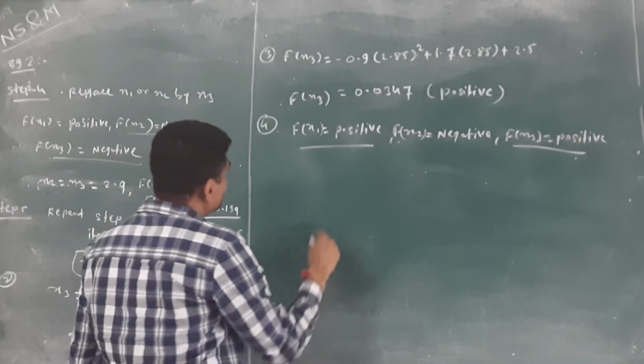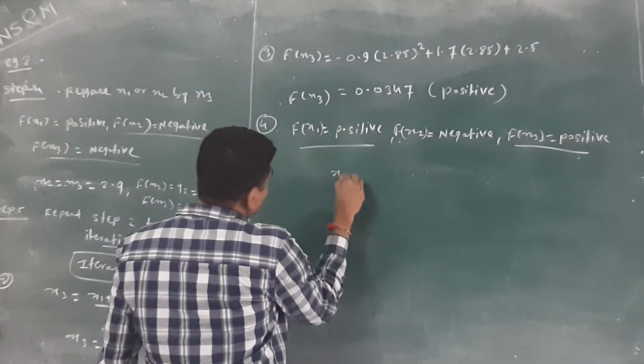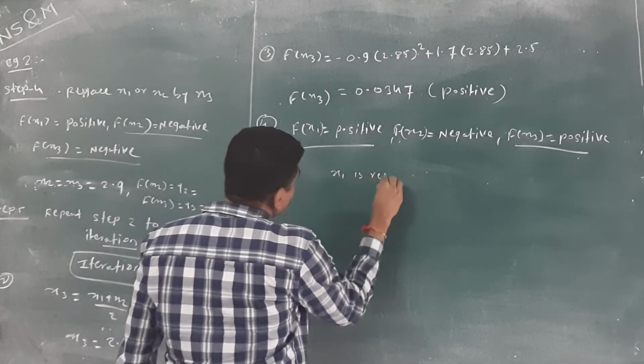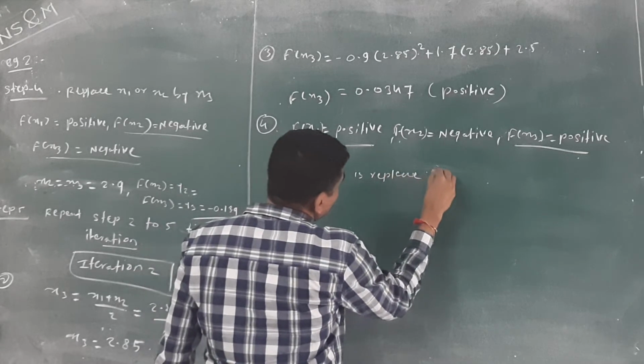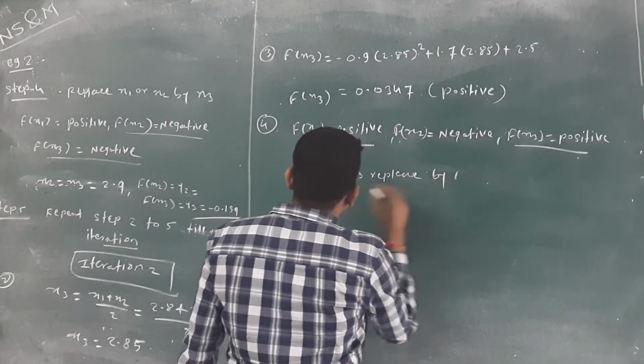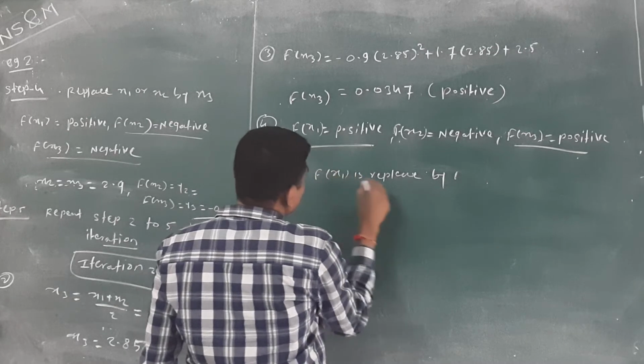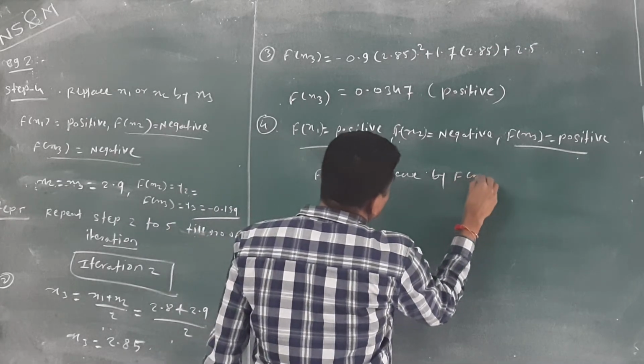Then we will replace x1 by x3, so f of x1 is replaced by f of x3.